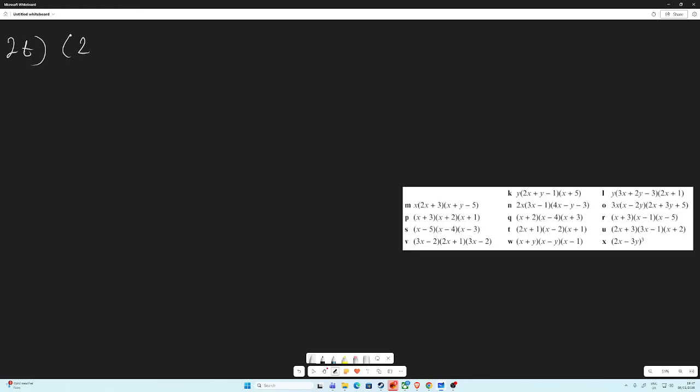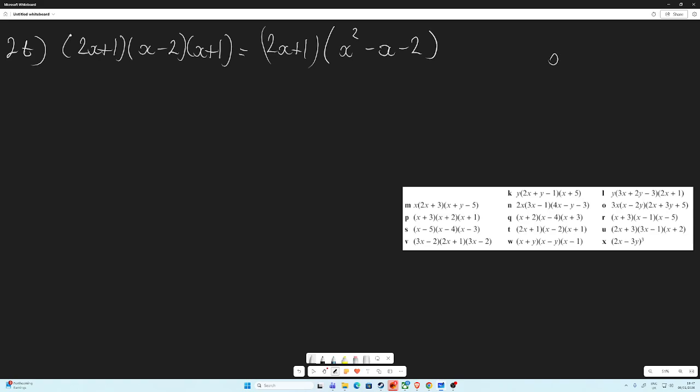We have 2x plus 1 times x minus 2, x plus 1. And again, let's do it slightly faster. So it's x squared minus 2x plus x is minus x minus 2.